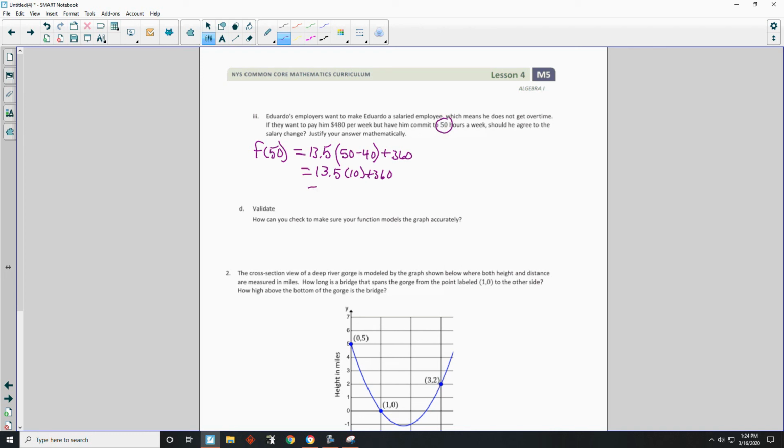And 13.5 times 10 is 135. 135 plus 360, and 5 plus 0 is 5, 3 plus 6 is 9, and 3 plus 1 is 4. So f of 50, or what he makes for working 50 hours, is $495. So he'd get paid more as an hourly employee if he worked 50 hours a week, because 495 is more than 480.